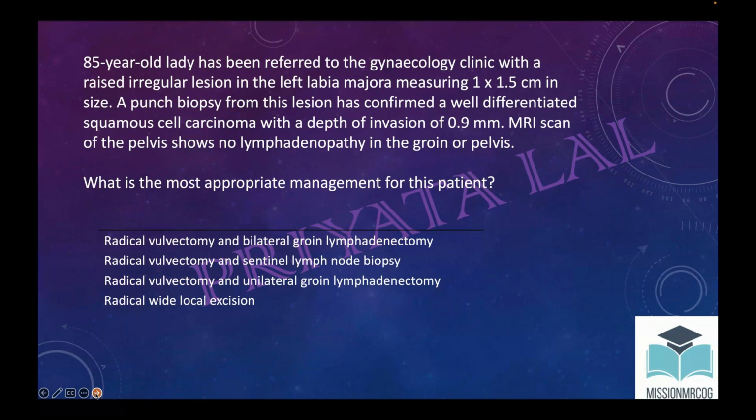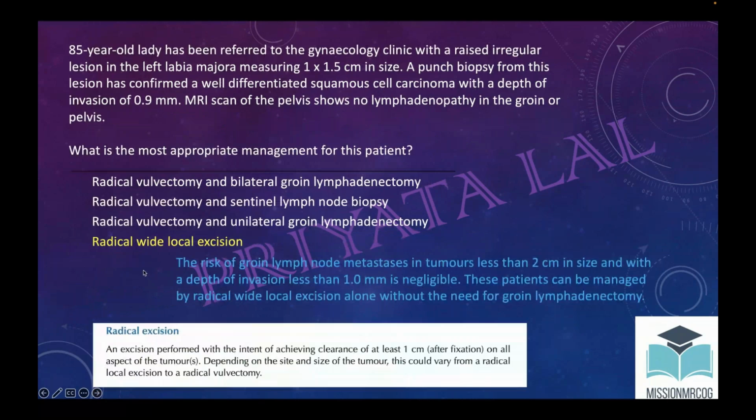So it is a radical wide excision because it is less than 2 centimeter and less than 1 millimeter invasion. So it will be excision only. This is the definition of radical excision from the previous guideline.